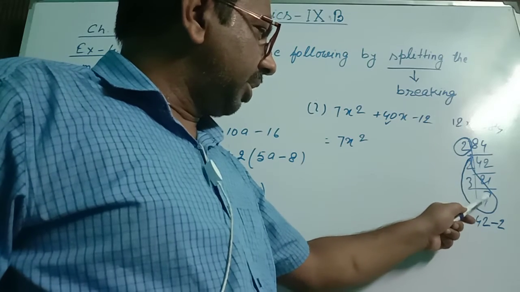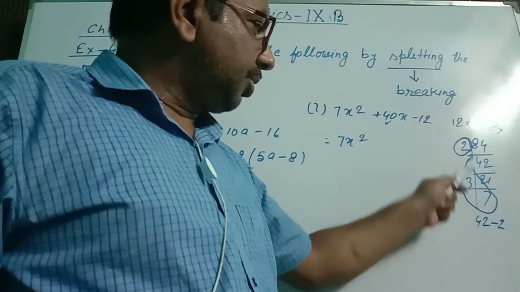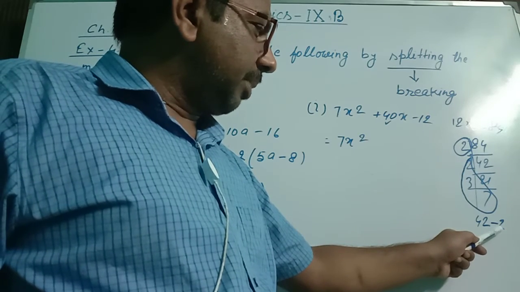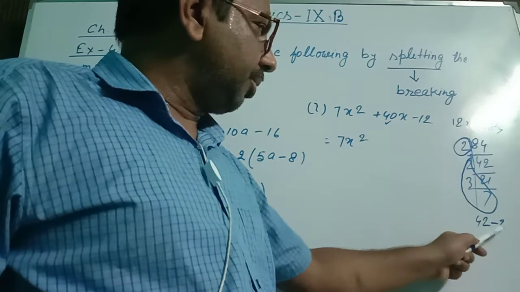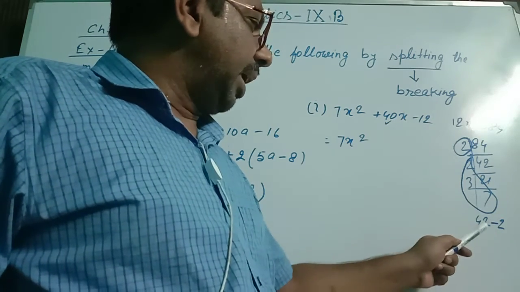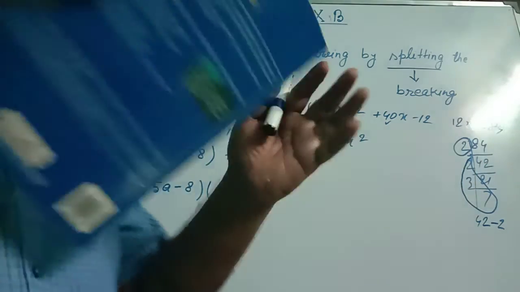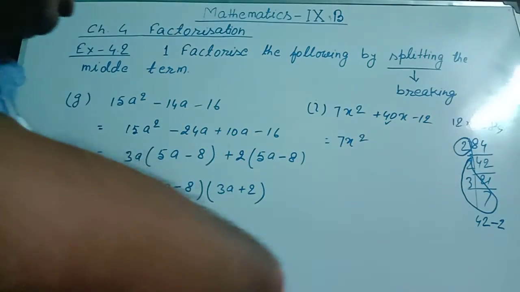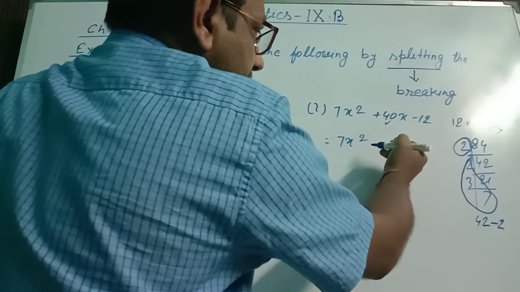If you multiply, 7 3s are 21, 21 2s are 42, and the second is 2. Now if you subtract 42 minus 2, we are getting 40, and if you multiply these two, we are getting 84. In this way we split the middle term when we get a large number as the product of the coefficient of x square and the constant term.